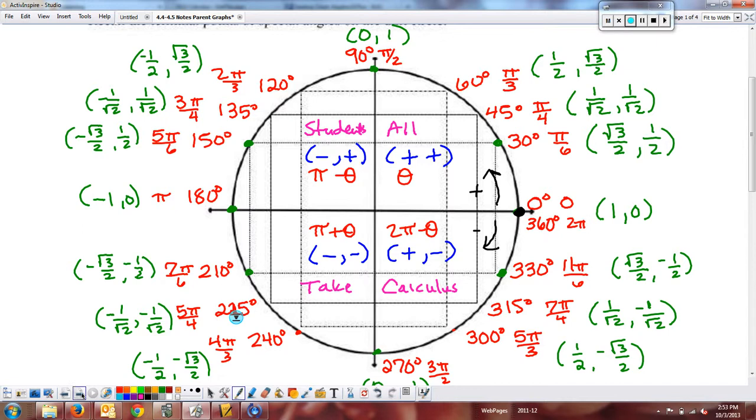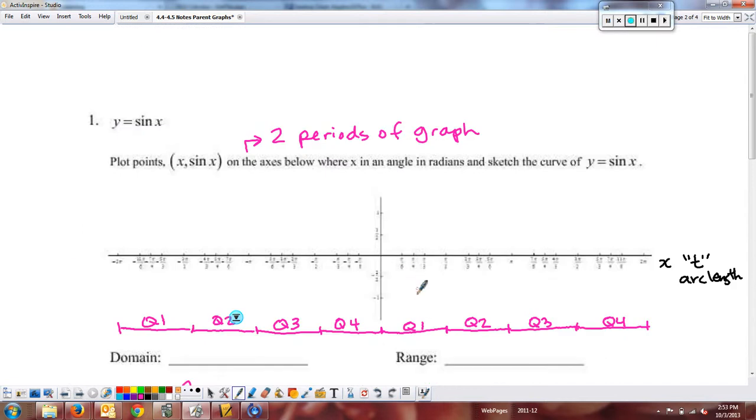And remember, when I say where sine is positive, I'm talking about the ratio being positive. What we're doing here is inputting this angle, or arc length, however we want to refer to that. Our output, our y in this problem, is going to be the ratio. This is all just pre-work.